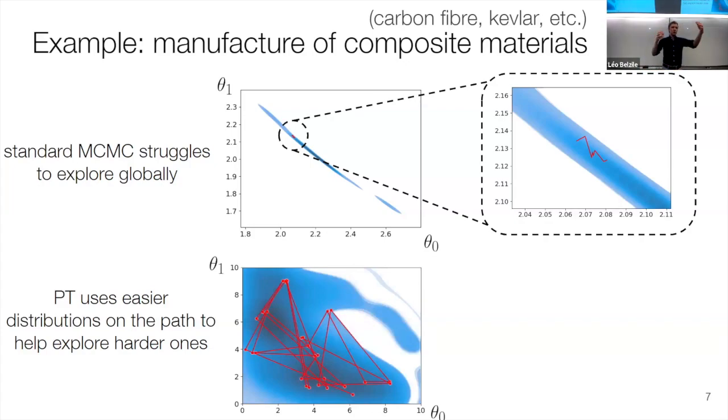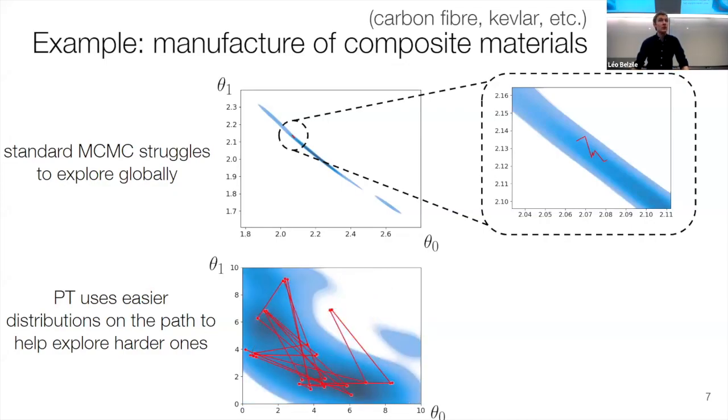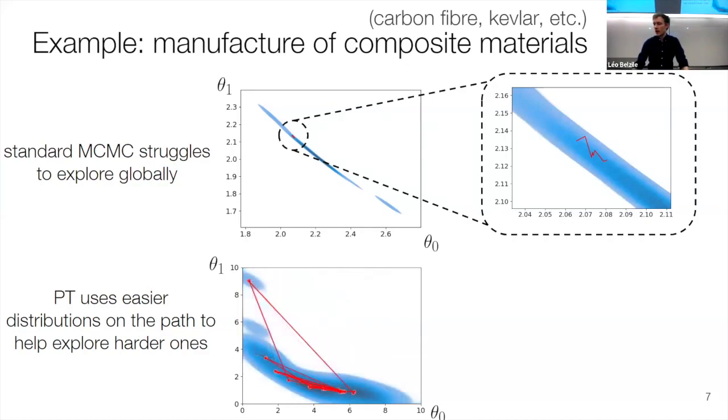So maybe I propose a move that just shuffles those particles a little bit towards the distribution of interest. I can do that again, and I can construct this path of probability distributions for which I can take draws reasonably well.